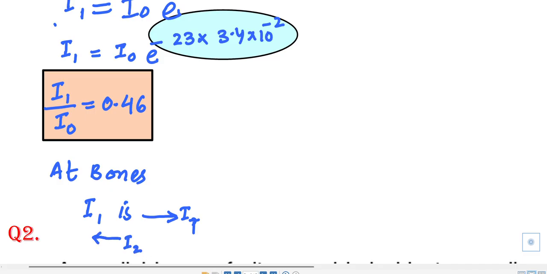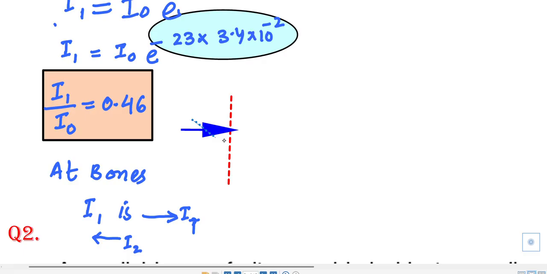So if I just draw that diagram for you, this is the muscles and bones boundary. From that boundary what will happen, some of the intensity would be, here is that I1 which is reaching to this point, and if this is I1, yeah, this is I1.